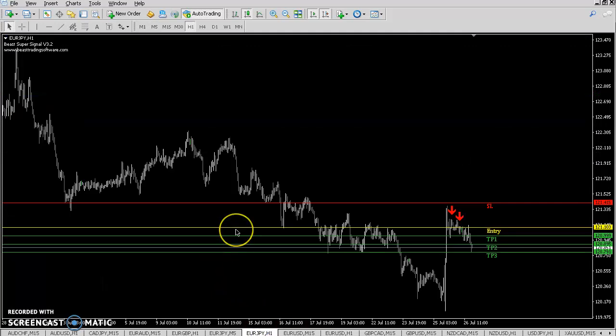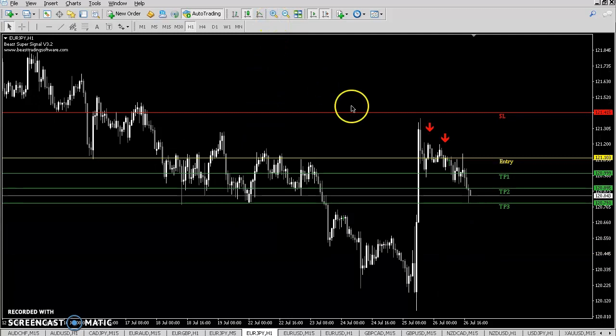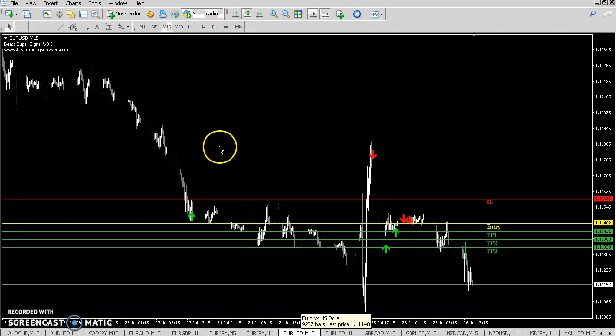Now looking at the same pair but on the H1, here we did manage to catch two good sell signals after that Euro news activity, and these pairs have got into a very nice profit at the end of this week. Now, the most actively traded pair in the Forex markets, we have the Euro Dollar.